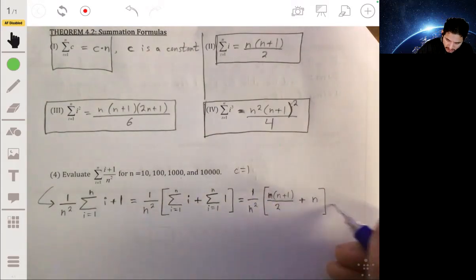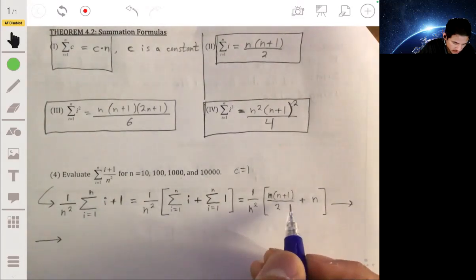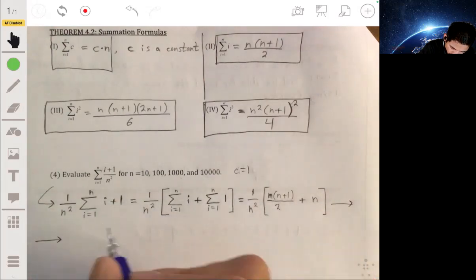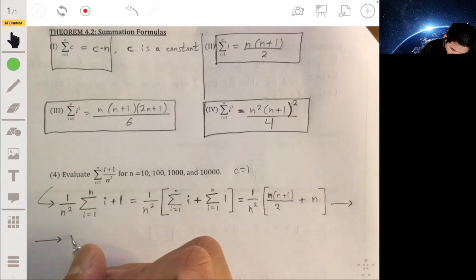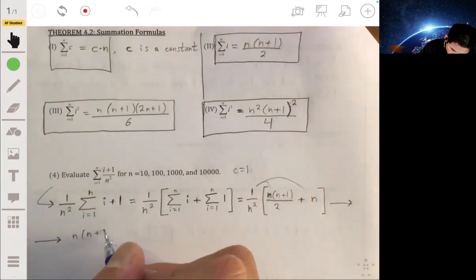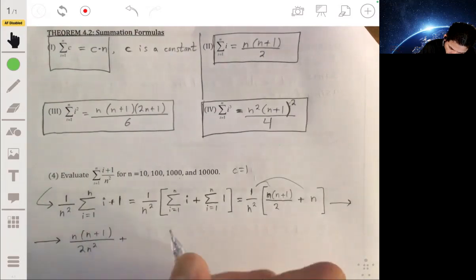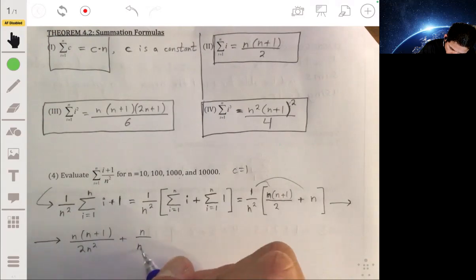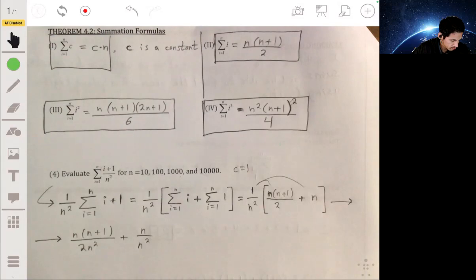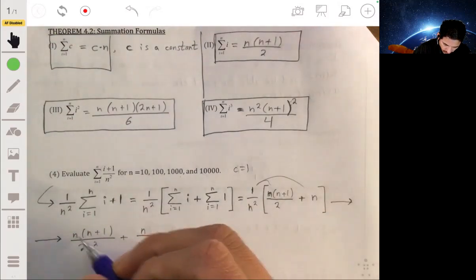And then we just do some algebra to simplify this, distributing that. We can break this up as n times n plus 1 over 2n squared plus n over n squared. You can factor out the n from there.